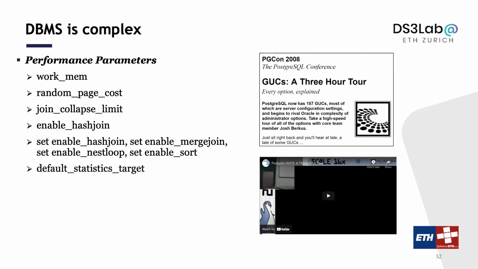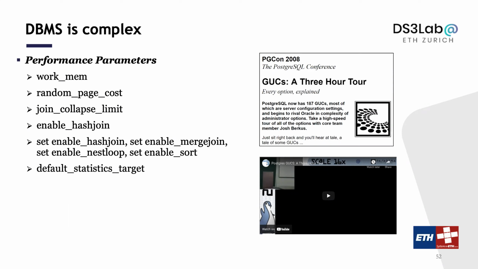Inside a real-world database system, for example PostgreSQL, there are a lot of knobs that you can tune. Actually for PostgreSQL, in 2008, they had 187 different knobs that you can change. Here are just some examples. The first one is how large the work memory should be.